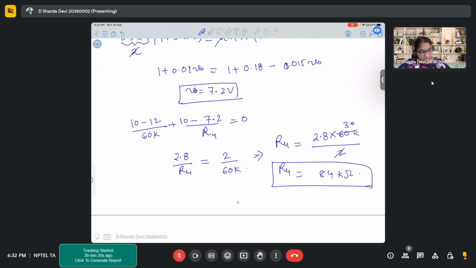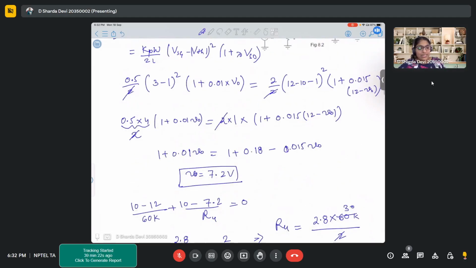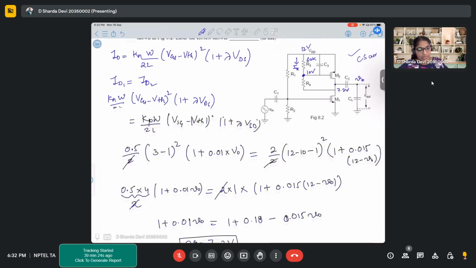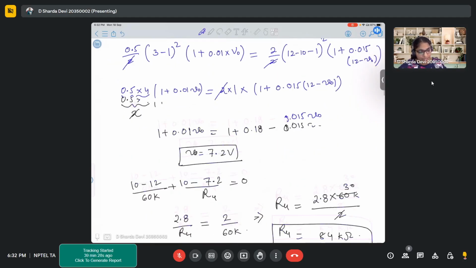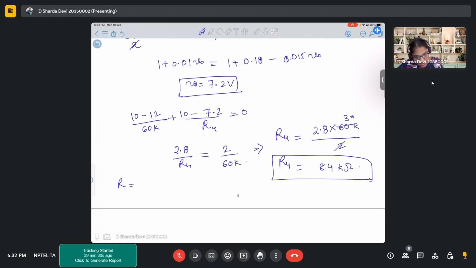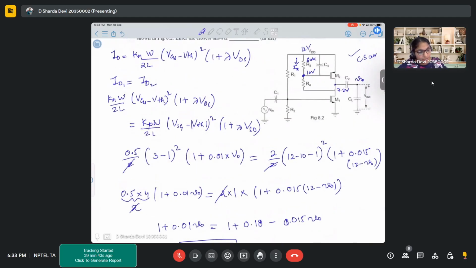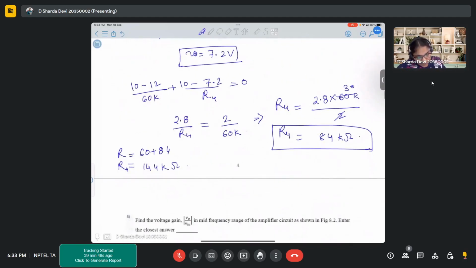Now, as I mentioned earlier also, let's see how much current is actually flowing through that path. So it is 60k already for R3. R4 is 84k. So total R is 60 plus 84, 144 kilo ohms. And what is the potential difference between these two points? That is 12 minus 7.2, 4.8.